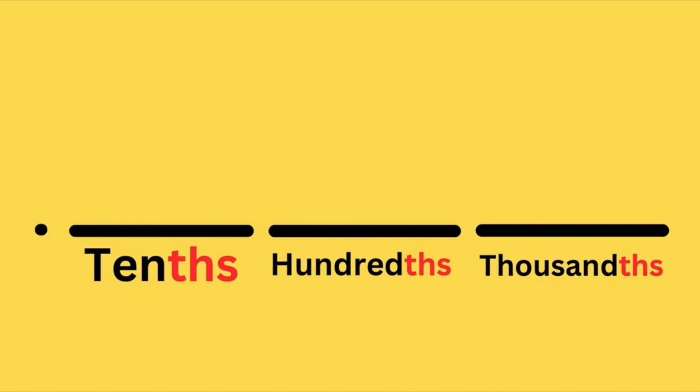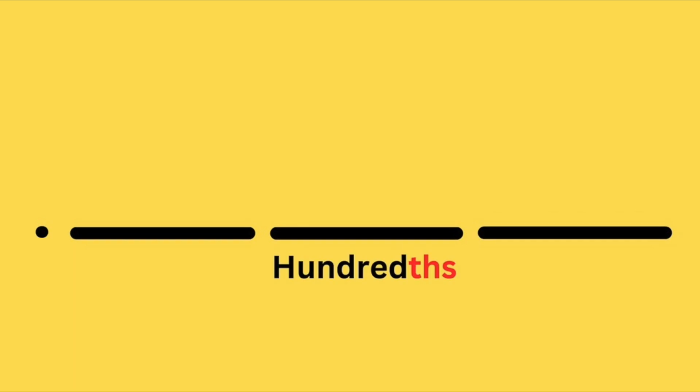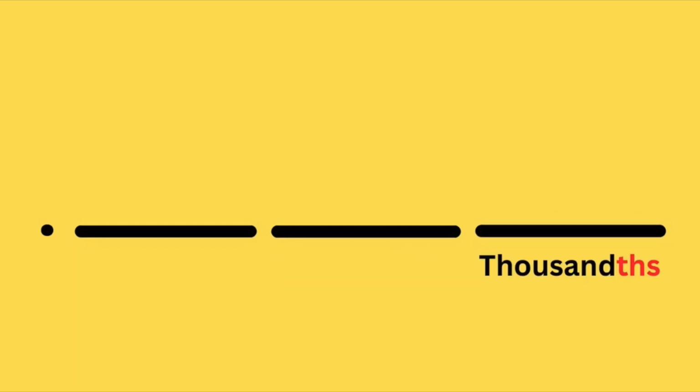So instead of just tens place, behind the decimal, it's set as tenths. So we have the THS, which I highlighted in red, and same with the hundredths. It's not hundreds anymore, it's hundredths, and same with thousandths. So the tenths place is in the very front, the hundredths place is right in the middle, and the thousandths place is the third place.